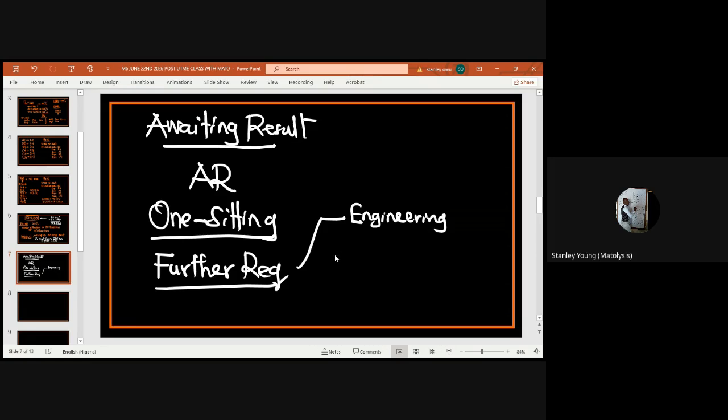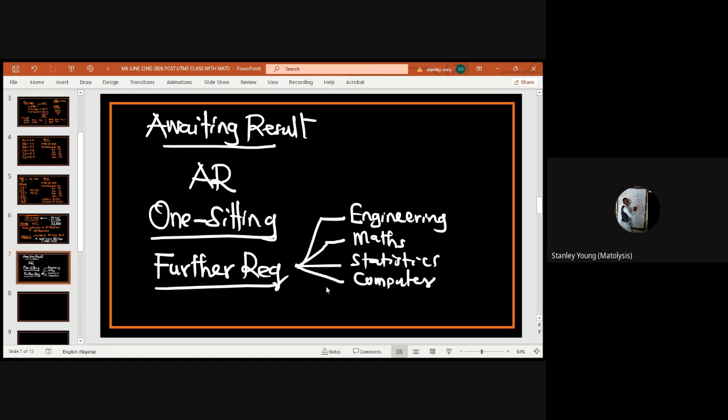If you have mistakenly chosen engineering before and you now discover that you don't have further math in your O-level, we'll change it. Then for some physical science courses, like those that want to study mathematics, statistics, or computer science, you require further math.